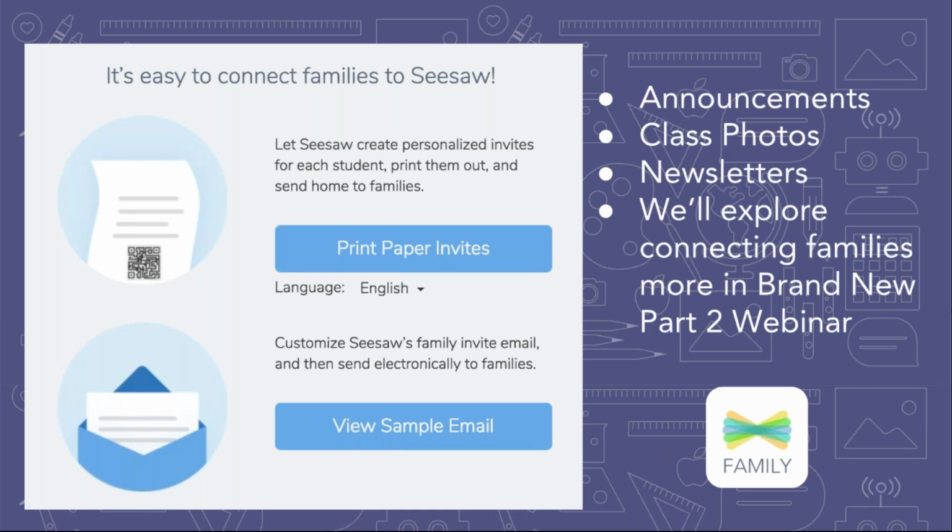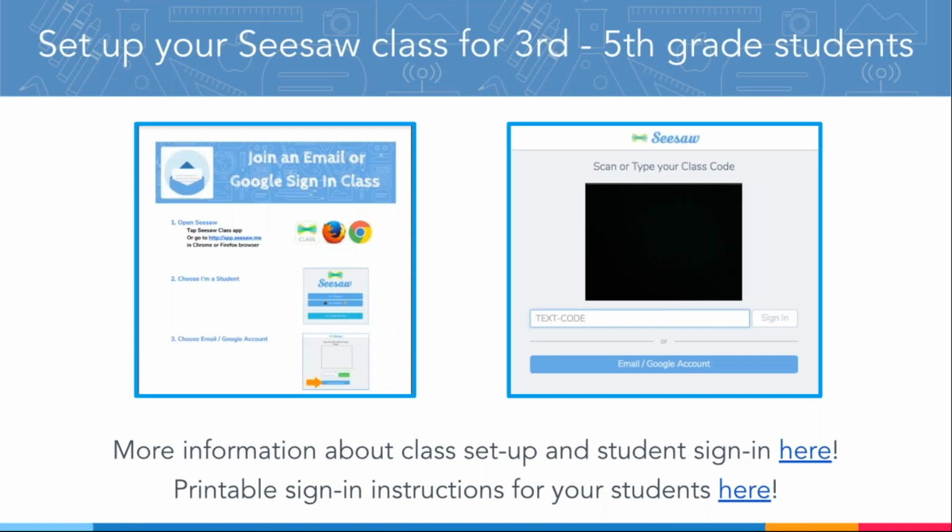You have a German family, you can print it out in German, Spanish, for example. And if you don't want to print them, you could send an email to those families. Once the families are connected, they would see everything that was posted in only their child's student journal. So that's something really important to think about. It's only their child's journal.